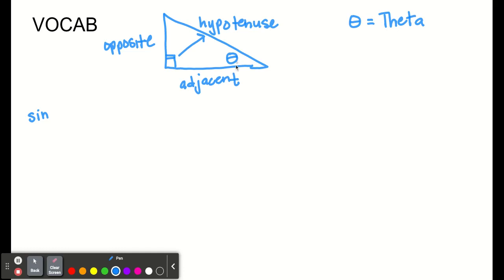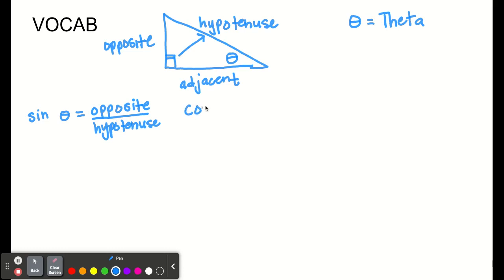For the sake of this example, we have theta here. The sine of theta is equal to the side opposite of theta, divided by the hypotenuse of the triangle. Whatever the measures of those sides are will create that ratio, and the sine of that angle will always equal that ratio.